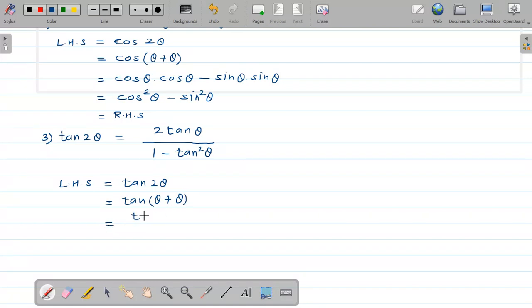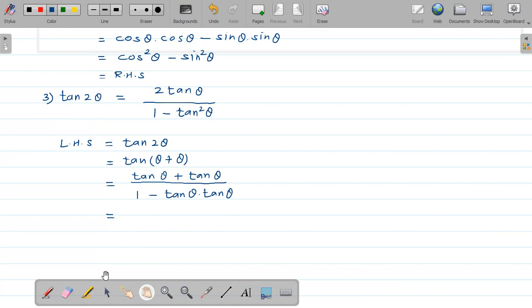Tan A plus B means what? Tan A plus tan B upon 1 minus tan A into tan B. Here A and B both are theta, and if you observe this carefully, then you will get the required formula, that is tan theta plus tan theta means 2 times tan theta, divided by 1 minus tan square theta, and this is nothing but RHS.